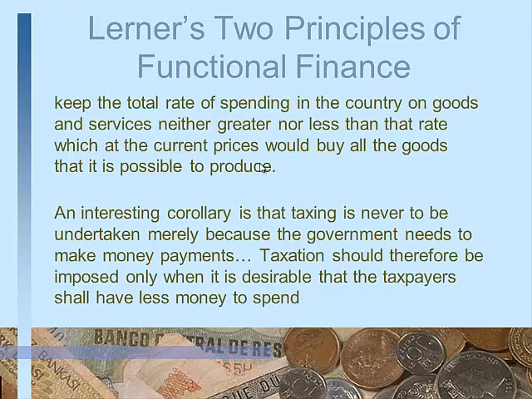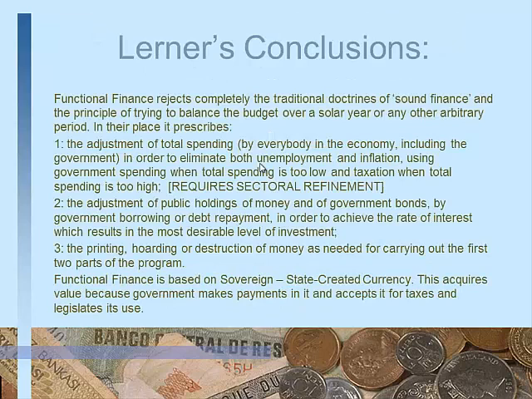So the government now needs to tax money to mop up the money in order that the prices remain stable. So the functional finance principle completely rejects sound finance and the principle of trying to balance the budget. This will be a big surprise to the Ministry of Finance if we said that.